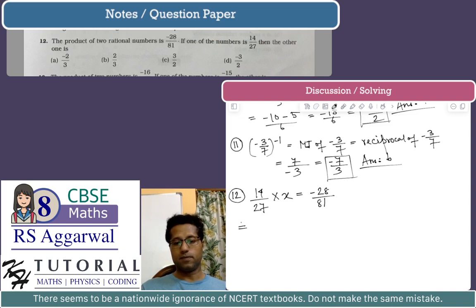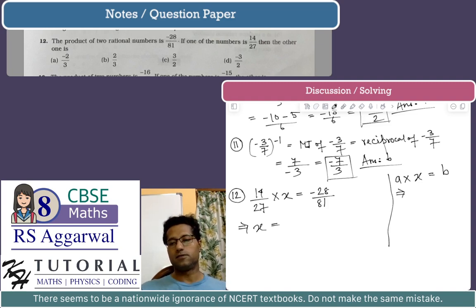Okay, so now from this we know that this implies x will be, now what will be x? When you have this kind of equality, that some constant a multiplied by some unknown variable x, or y or z, whatever, is equal to another constant b, then how do you find x? x is nothing but what you have on the right hand side divided by the coefficient of x, that is a.